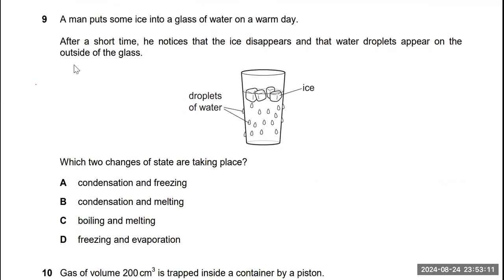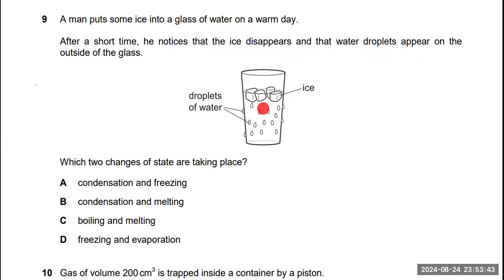This is a very interesting question, and a little bit conceptual. A man puts some ice into a glass of water on a warm day. After a short time, he notices that the ice disappears and water droplets appear on the outside of the glass. Which two changes of state are taking place? The question is about this glass of water.